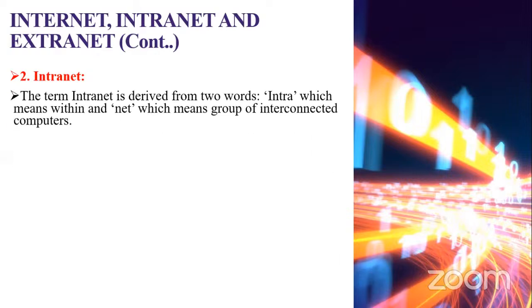The term intranet is derived from two words: intra, which means within, and net, which means a group of connected computers. A network inside a building or inside a campus, as our friend said, a private LAN, will be called an intranet.